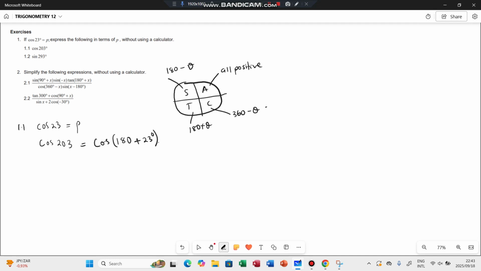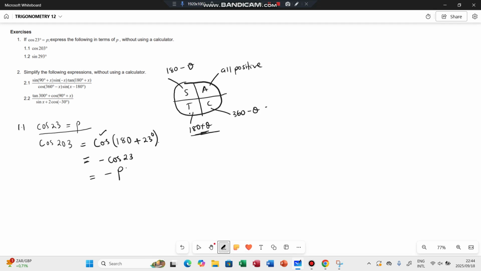So 180 plus theta is in the third quadrant, which is tan, and here we have a cos. That means in the third quadrant cos is negative, so it will become negative cos 23. Going back to the given information, they said cos 23 is p, so this is negative p.